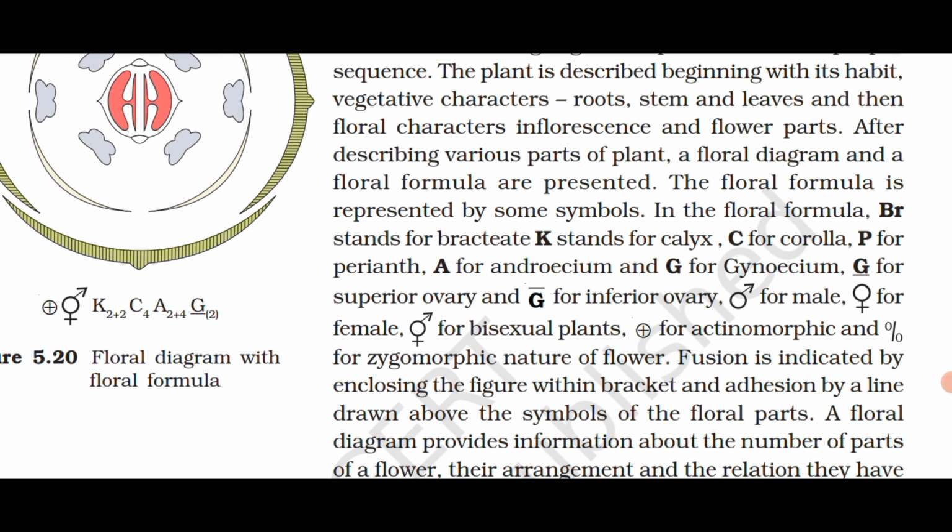G with a dash below for superior ovary and G with a bar above for inferior ovary. Male, female, and bisexual symbols for male, female, and bisexual plants. Plus sign for actinomorphic and percentage sign for zygomorphic nature of flower.